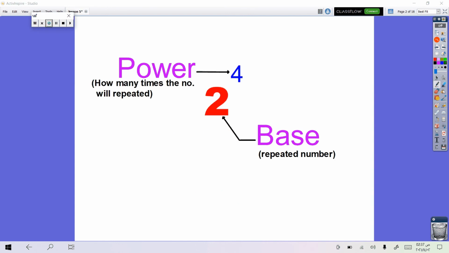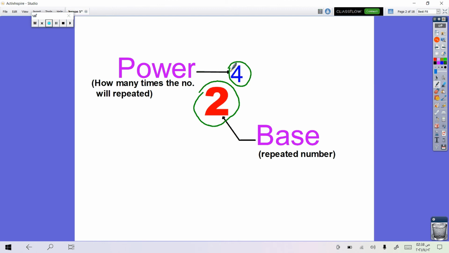So exponents contains two numbers. The first number, which is 2, is the repeated number and it is called the base. And the second number tells us how many times the base will be repeated. It is called power or index or exponent, and we can write it as a small number to the right and above the base.